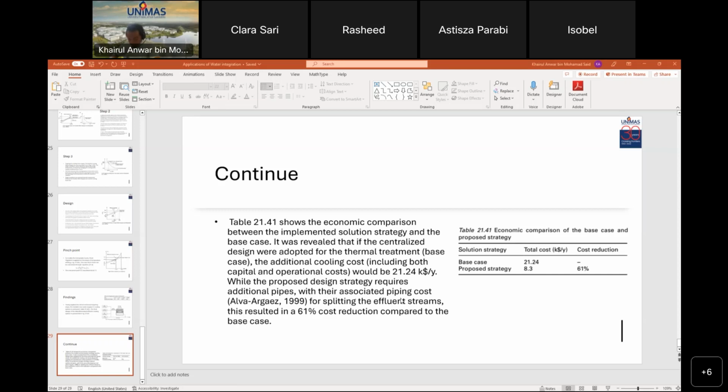So another point I didn't put in the slide. Another point to note for cooling water system design is the heat load distribution for debottlenecking.